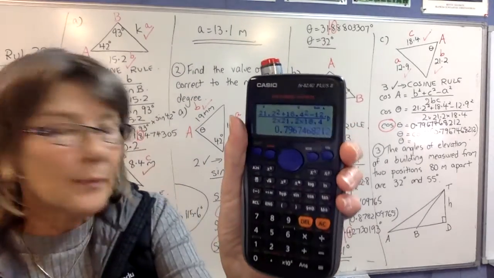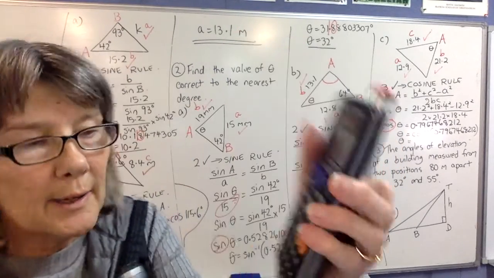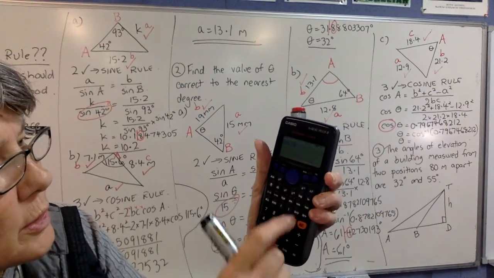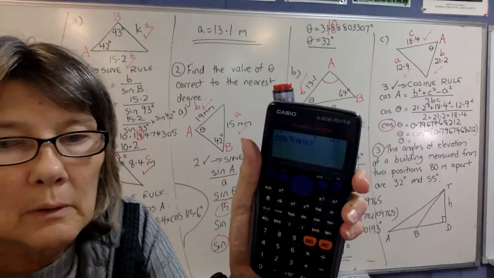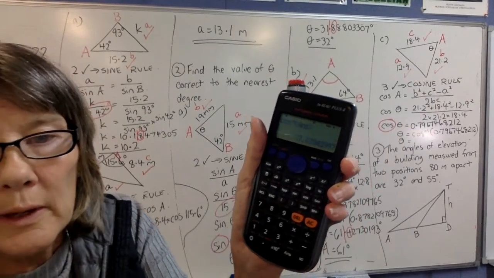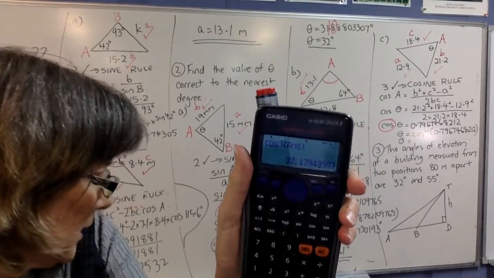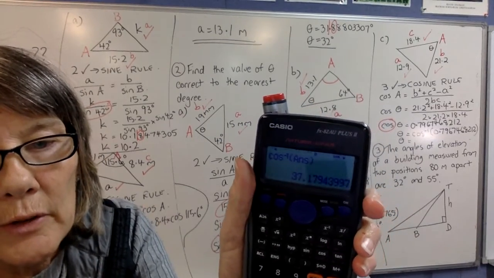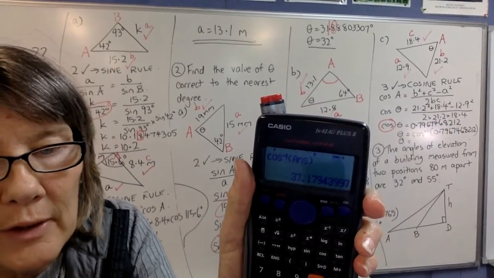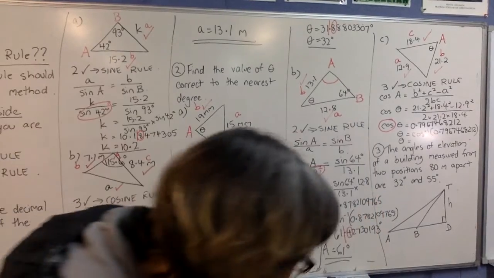All right, so we had that there. We're doing shift cos of that answer. So it's shift cos, answer button, close the bracket off, press equals, press it once, not twice like I did before. Now I'm just going to skip one line here because we're running out of room. Round it off to the nearest whole number, that will be 37 degrees.